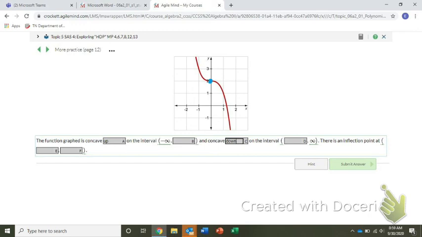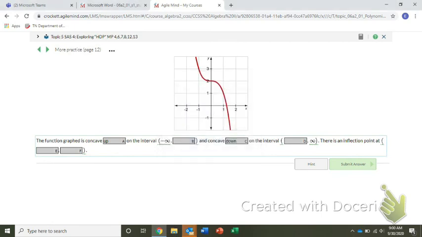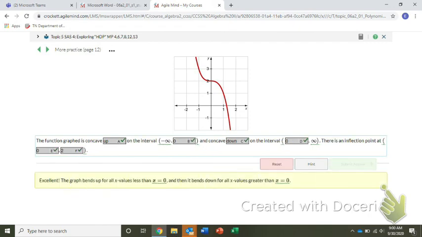So remember yesterday, or maybe it was in class, I told you you have to use your X point or your Y point when talking about your intervals. Your X. So if our inflection is 0, 2, then our intervals have to go from negative infinity to 0, pick back up at 0, and go to infinity.